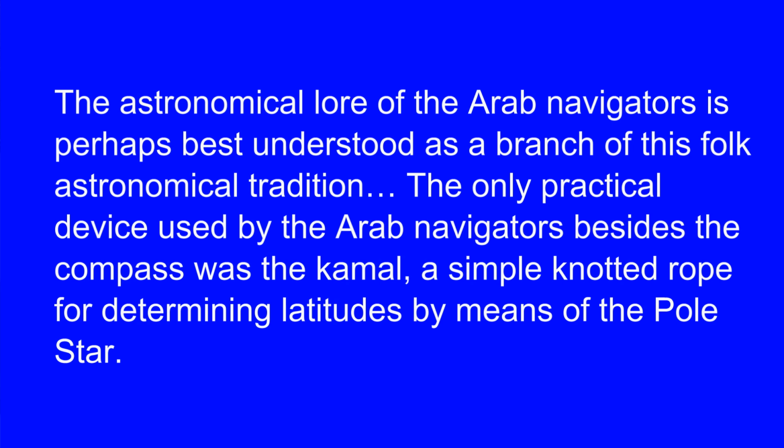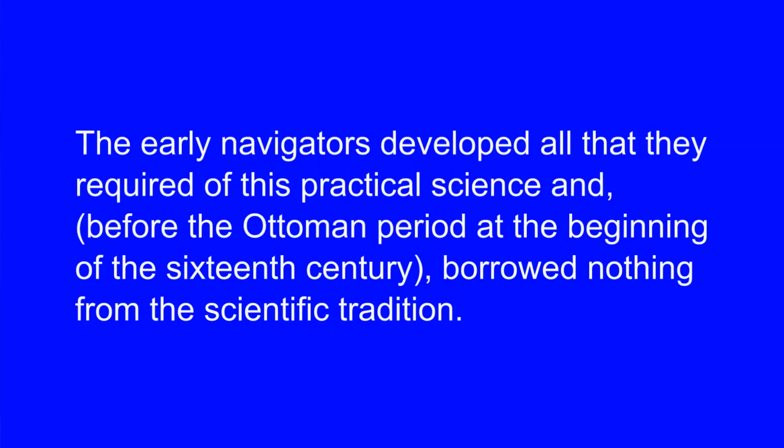The only practical device used by the Arab navigators besides the compass was a kamal, a simple knotted rope for determining latitudes by means of the pole star." A little later, he says, "The early navigators developed all that they required of this practical science long before the Ottoman period and the beginning of the 16th century, and they borrowed nothing from the scientific tradition."